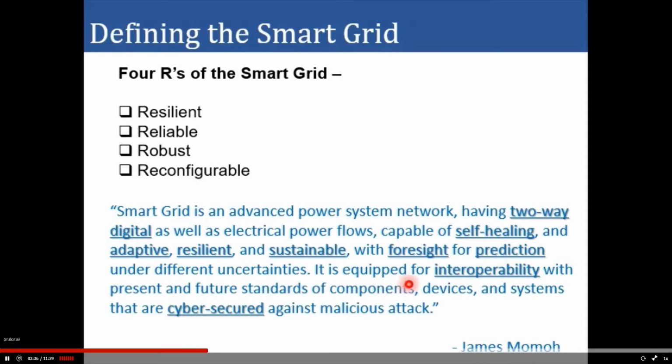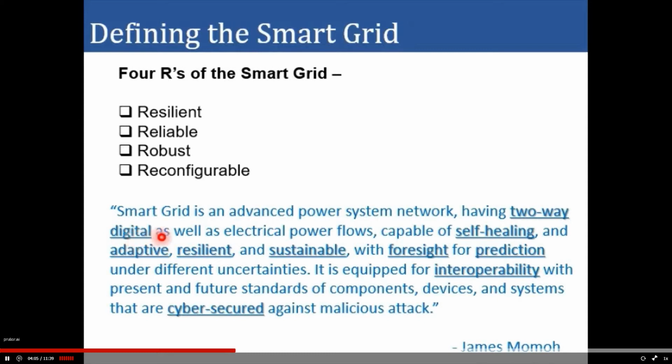It is equipped for interoperability with present and future standards of component devices and systems that are cyber secured against malicious attack. So the key points in this definition are two-way digital communication, which means the devices in the field will be able to communicate to the server, as well as the server will be able to send control commands to the devices.